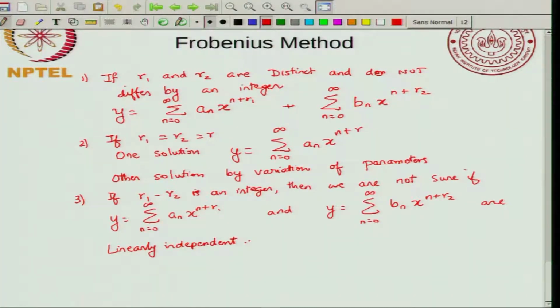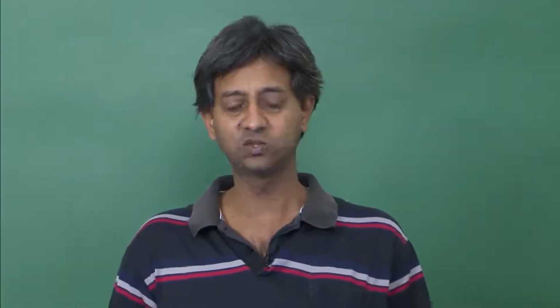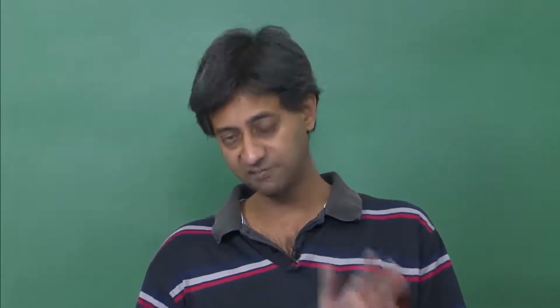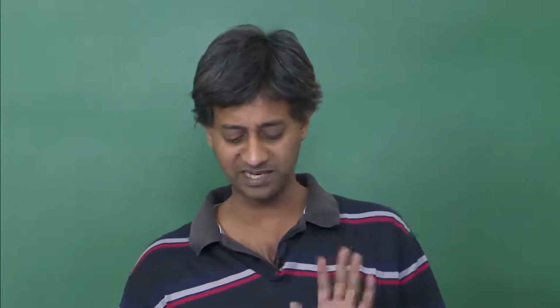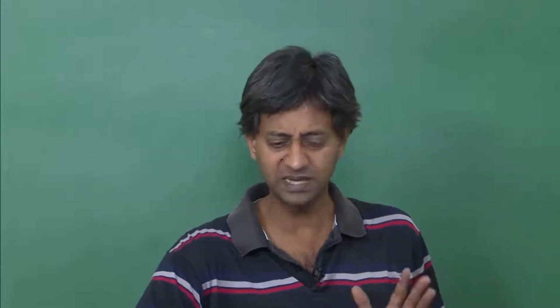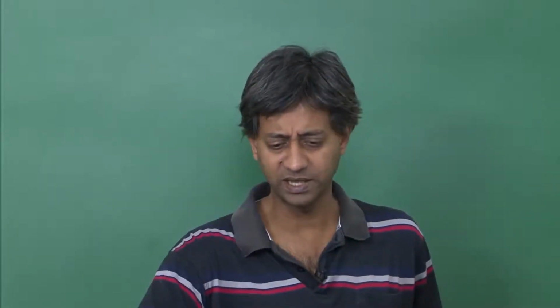The point is, if these two differ by an integer, then you are not sure as such. So you actually have to try it: you substitute it, calculate the values of all the coefficients, and then see if they are linearly independent. If they are linearly independent, then you are done, you have two independent solutions. If they are not, then you take one of them and find the second by variation of parameters. So this is the basic idea of the Frobenius method.